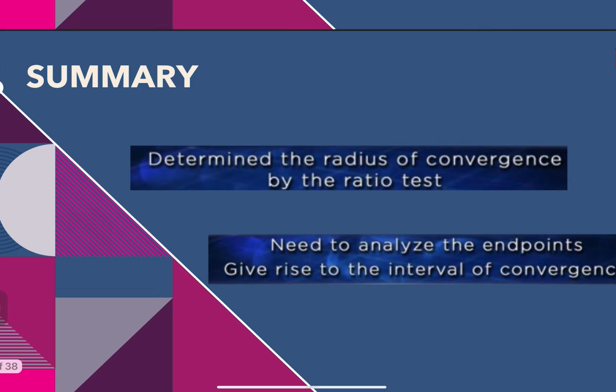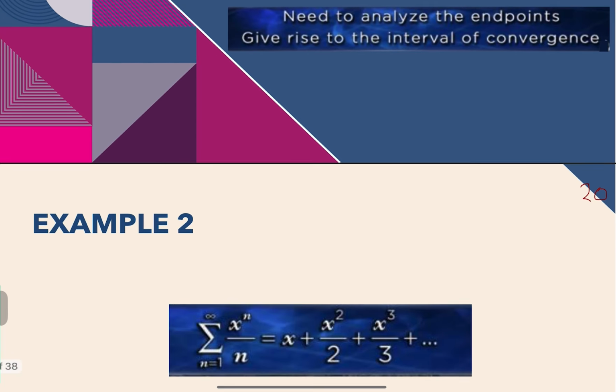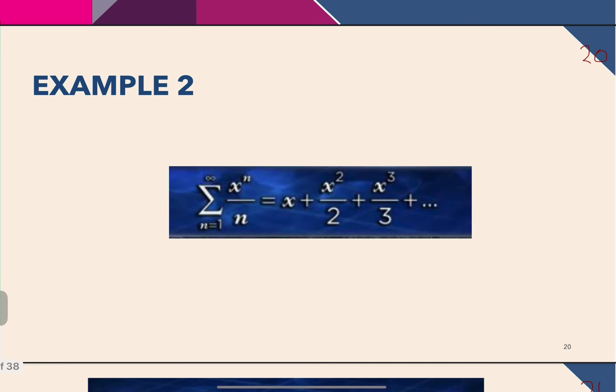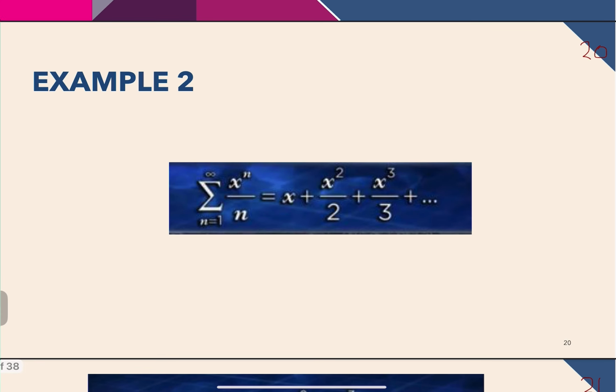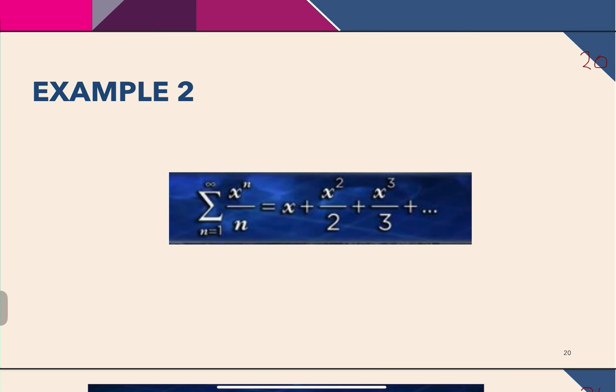So, to determine the radius of convergence, we use the ratio test, and we need to analyze the endpoints to give rise to the interval of convergence. Here is another example where it's a half open interval. Here is the power series x to the n over n, starting at 1.